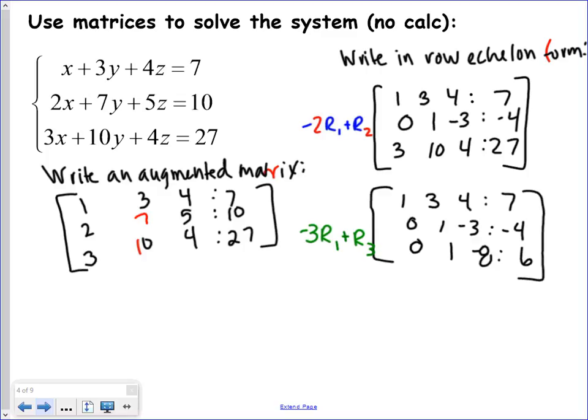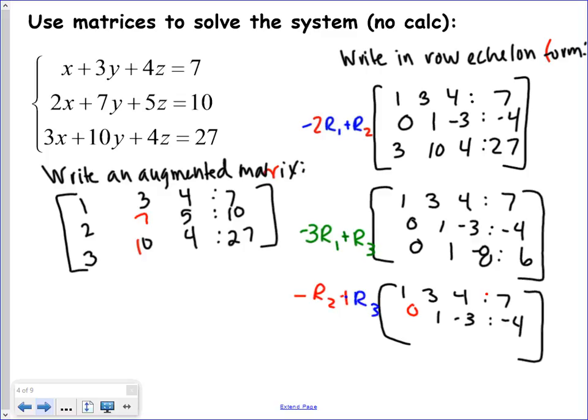But that's actually looking pretty good, right? Other than the fact that we've got a leading 1, but it needs to be moved over. So we're not done there. We're still going to have to change row 3. We need a 0 right there. How can we get a 0? Negate the second row, negative 1 times row 2, and then add it to row 3.